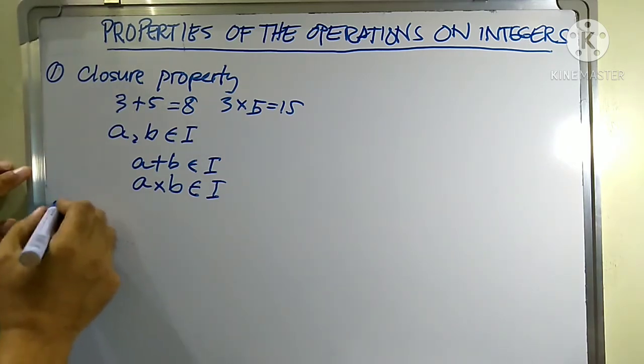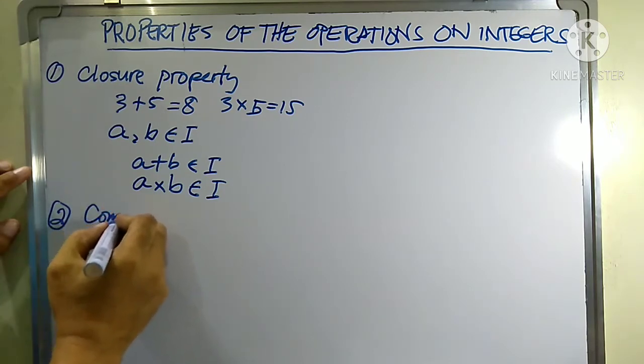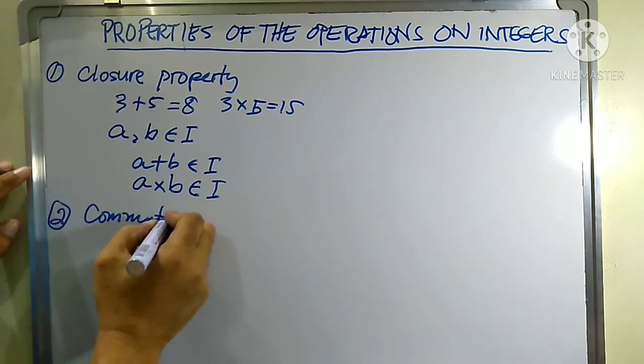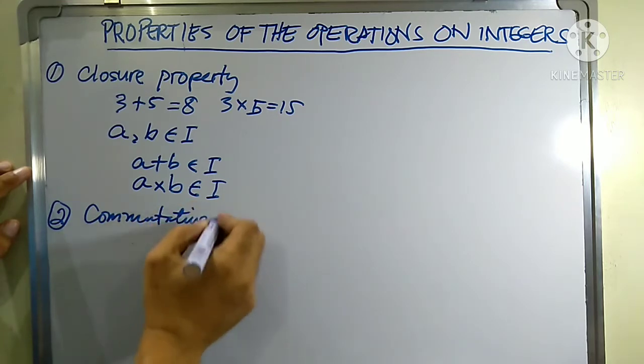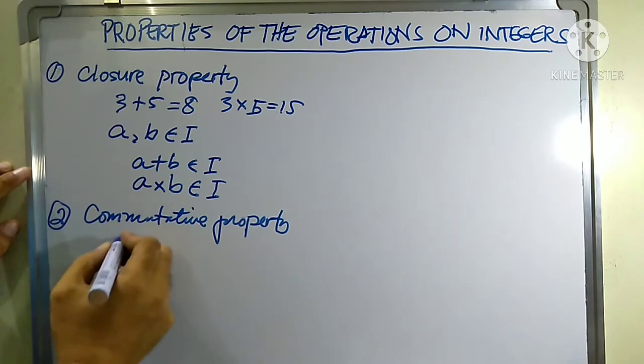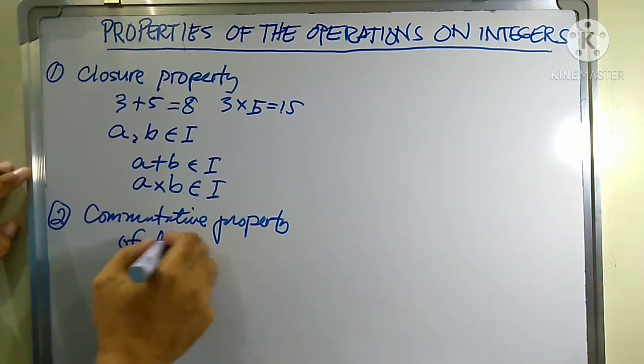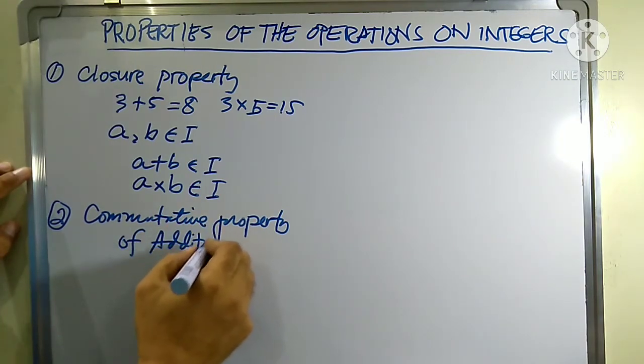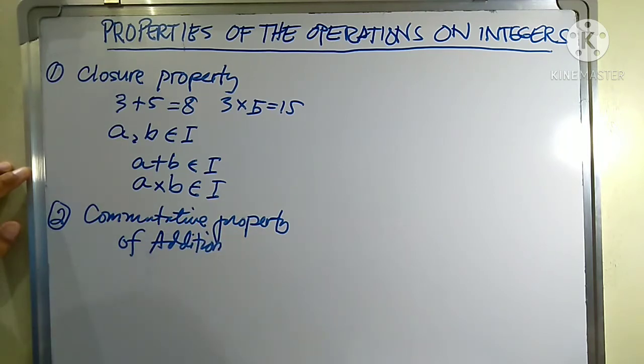Number 2, we have commutative property of addition.